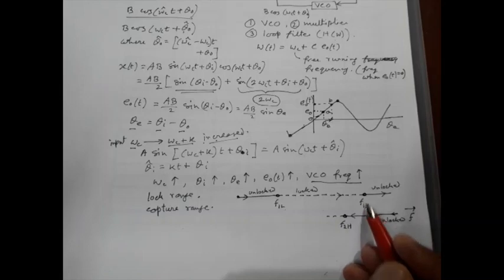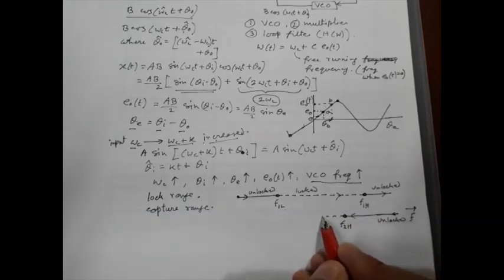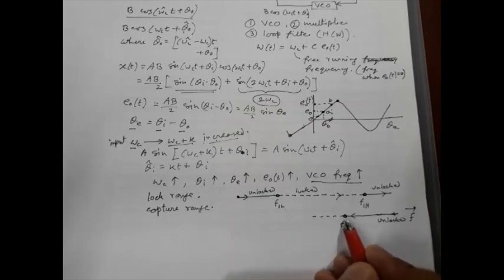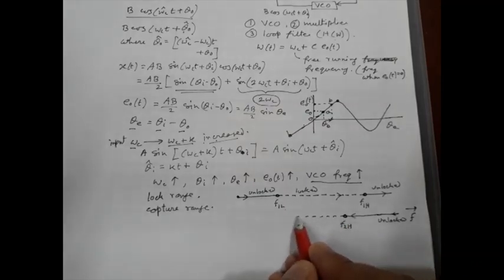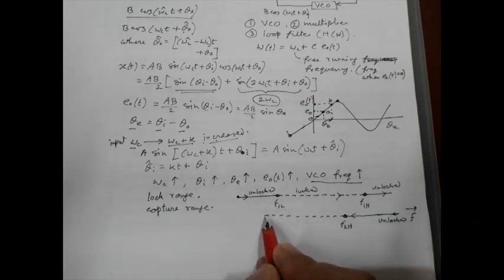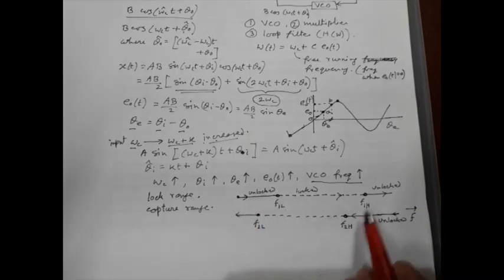Note that f1H and f2H are not the same. Now if we decrease the frequency further, it will be under locked condition. It will cross f1L, and then it will suddenly unlock at frequency say f2L, and once it is unlocked, it will remain unlocked in this way. So this is the hypothetical experiment.